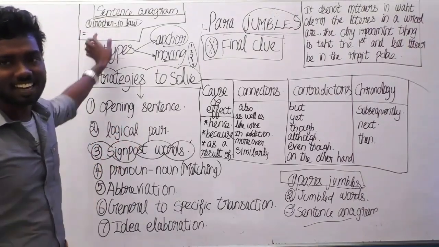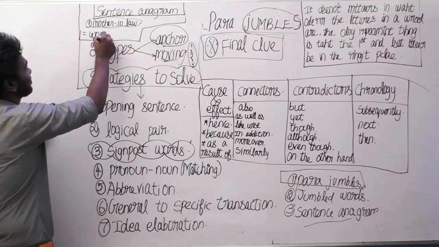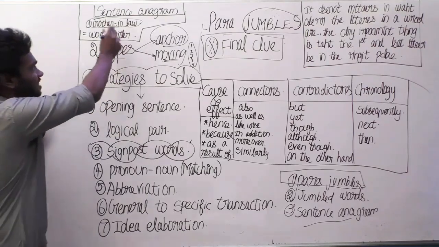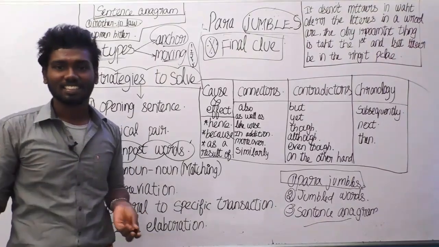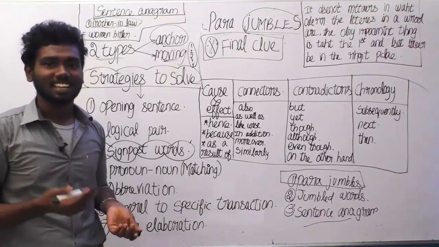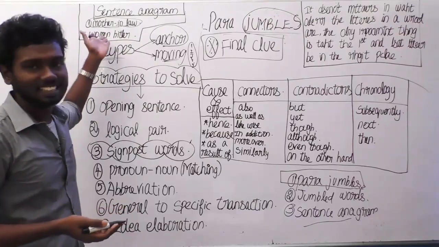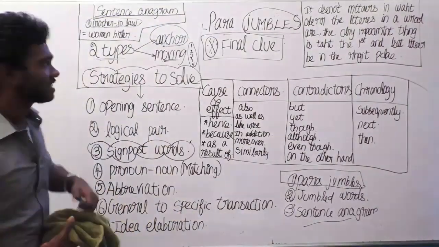And that's none other than woman Hitler. This is a really funny example, and most of the married ladies think of their mother-in-law as woman Hitler, and actually this is a sentence anagram. And this is just a funny one.